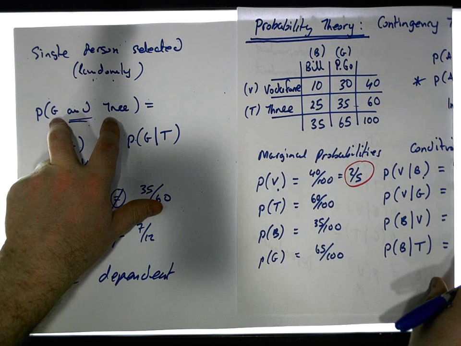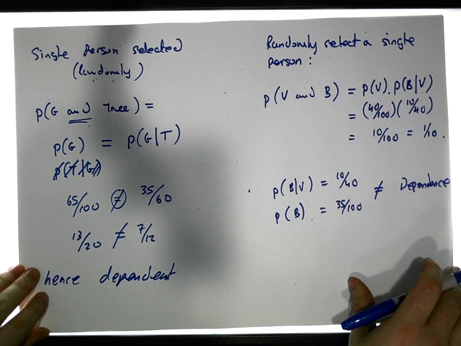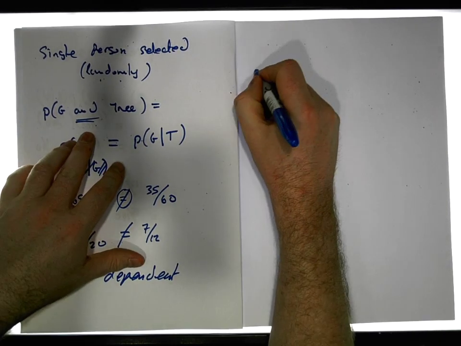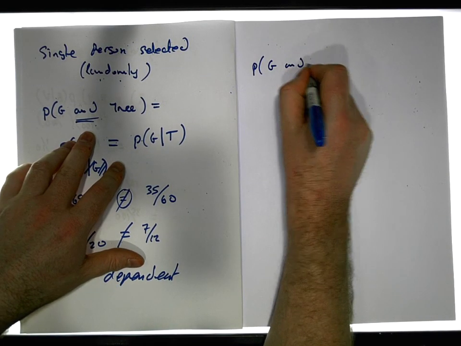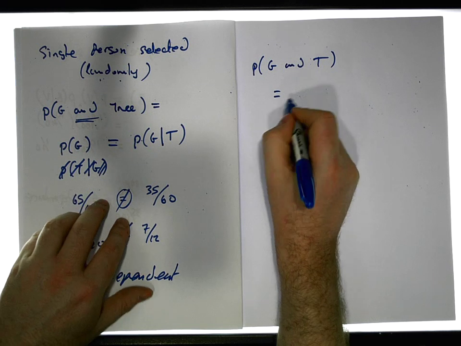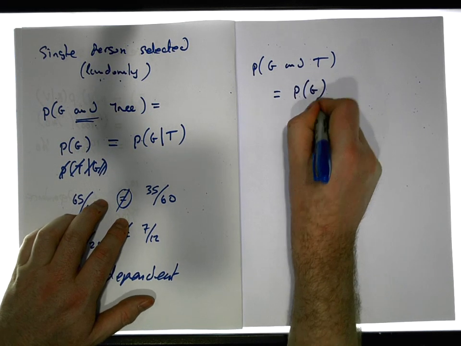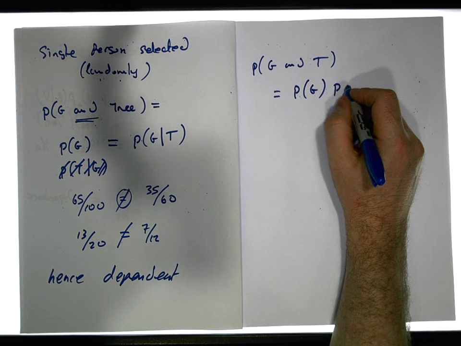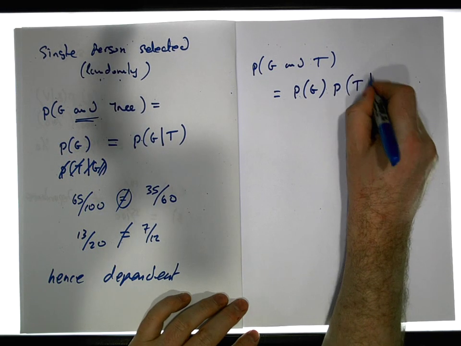Let me just move this over here. So the probability that they're go and 3, well, let's have a look at that. The probability that they're go customer and 3 customer is equal to the probability that they're a go customer times the probability that they're a 3 customer, knowing that they're a go customer.